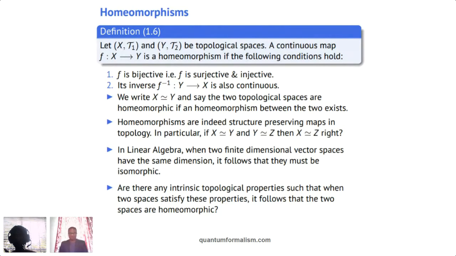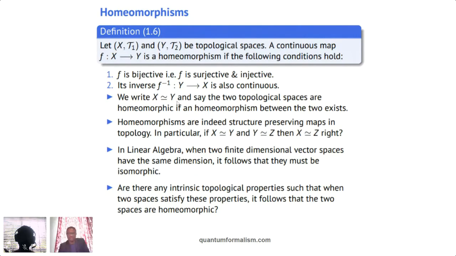If that's the case, then it's a homeomorphism. That's essentially what a homeomorphism is: a bijective continuous map whose inverse is also continuous. This is like, for those of you who have done linear algebra with finite dimensional vector spaces, the same thing. So homeomorphisms are the counterparts of isomorphisms.